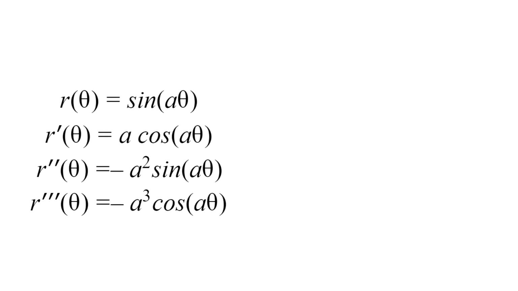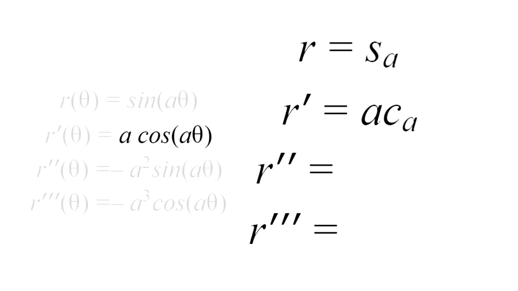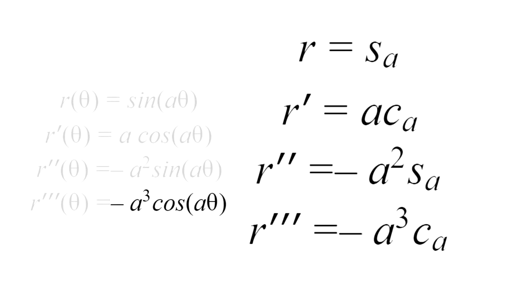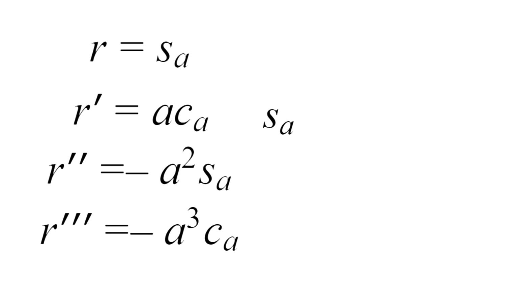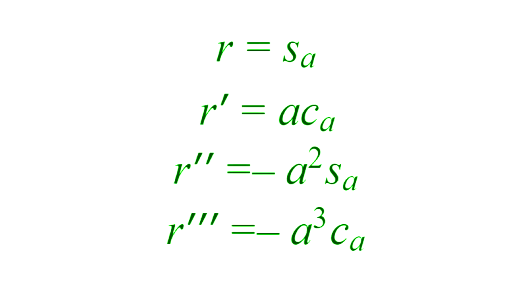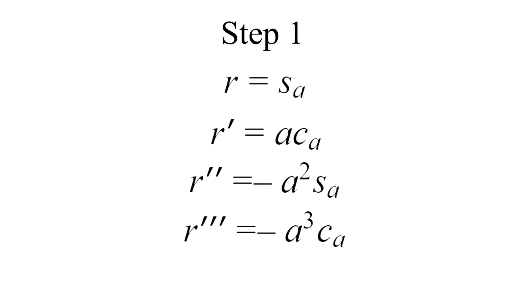And now is when I shorten the variables, making them look like these: s sub a, c sub a, negative a squared s sub a, and negative a cubed c sub a. Whereas s sub a and c sub a are, you know. But overall, that will do for step 1.